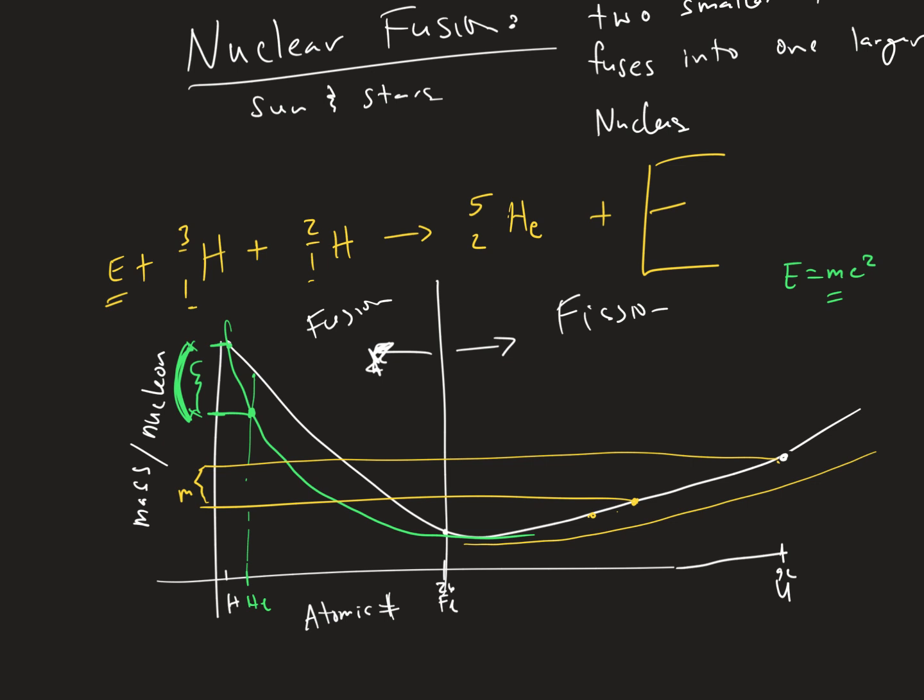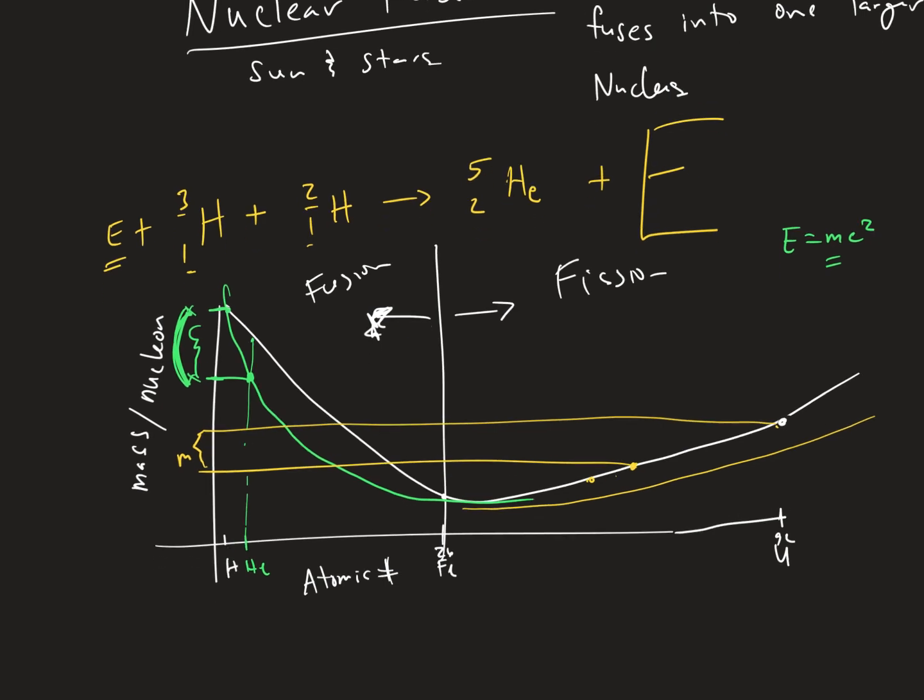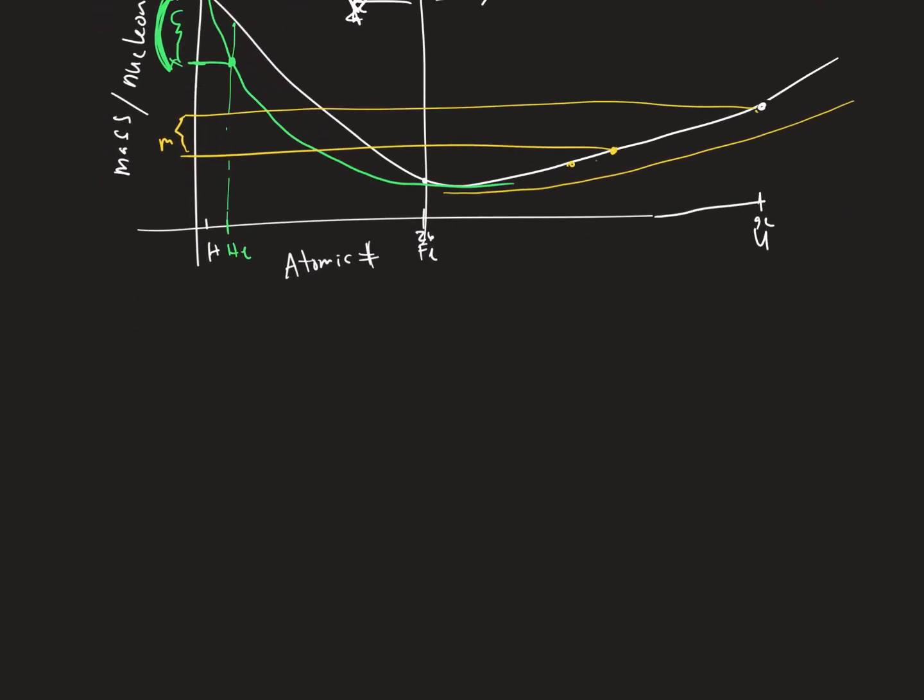Any questions on fission and fusion? Do you want another example? Yeah? And I don't know if this is a real fusion reaction, but we'll just do it for practice, right? Okay, what do we get?